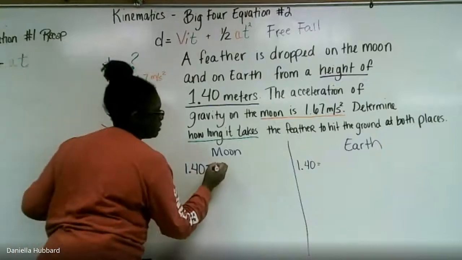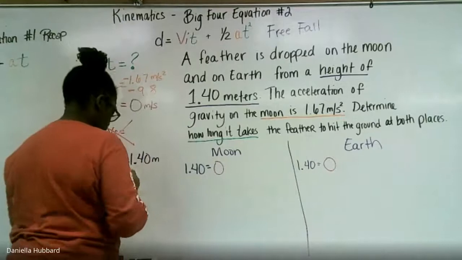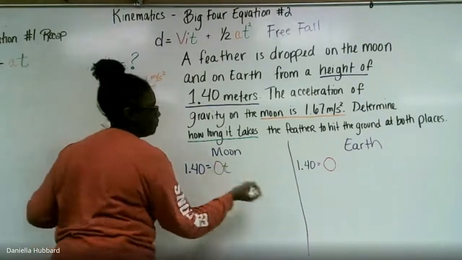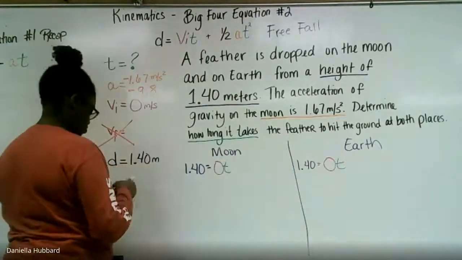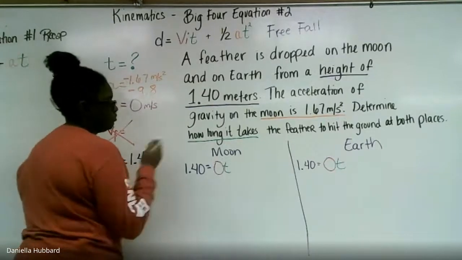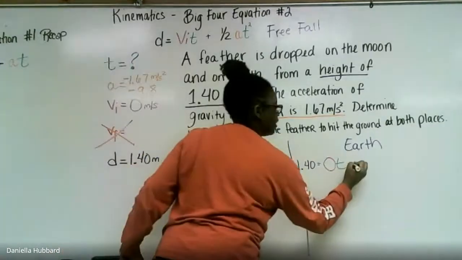My VI is 0. We don't know our time, so we're going to keep it as T. Plus 1/2, and that stays the same.